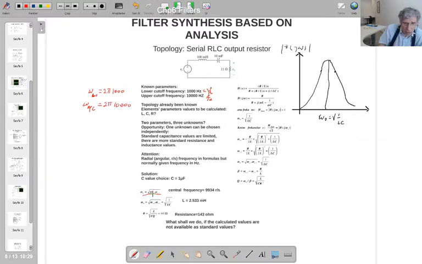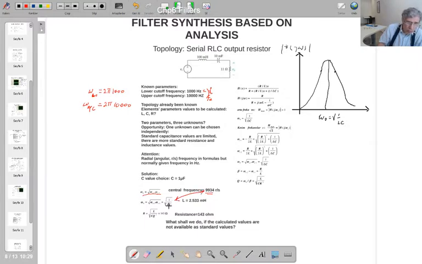Then use that formula, and you end up with this value here. So for this case, the central frequency, the resonance frequency, is equal to this one. So this is going to be equal to this, isn't it?